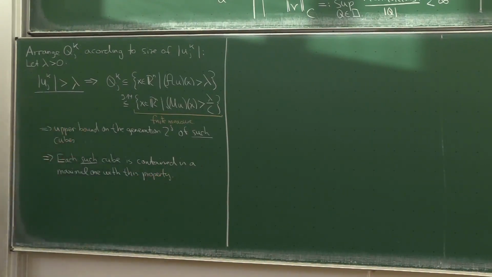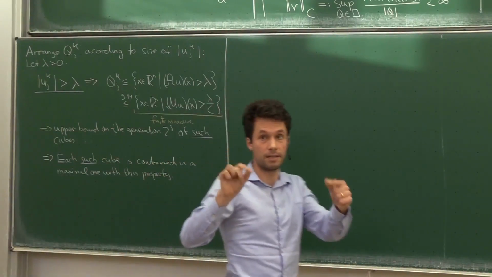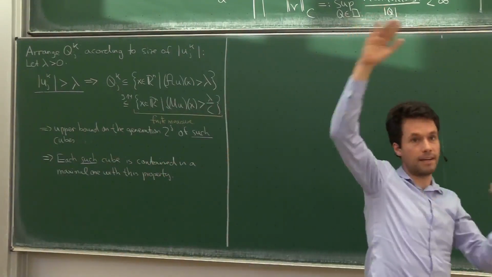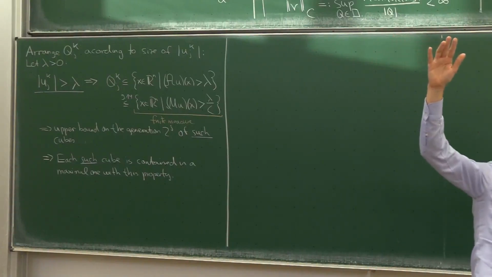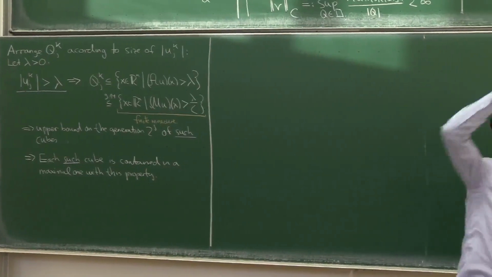Alright, and so now my idea is I'm going to eliminate this overlap by looking at a specific cube. Then I go up in the hierarchy until I find the largest one that has this property. And then I'm just looking at the largest one of all such family trees.